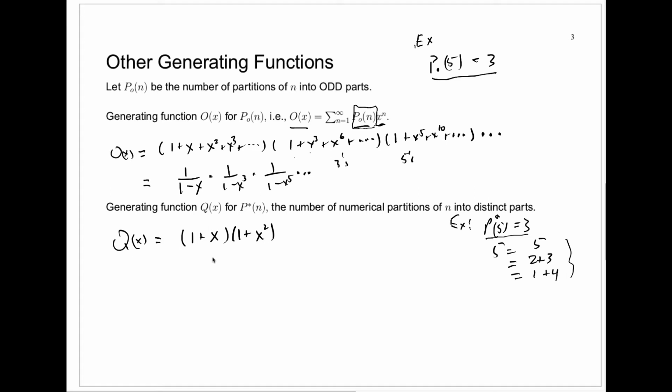We can use 3s, but we can either use no 3s or 1 3. And it will keep going on like that. So q of x, this generating function for p star of n, is just this infinite product of these very simple factors. And if I expand that out into a single power series, the coefficient on x to the n will be exactly p star of n.